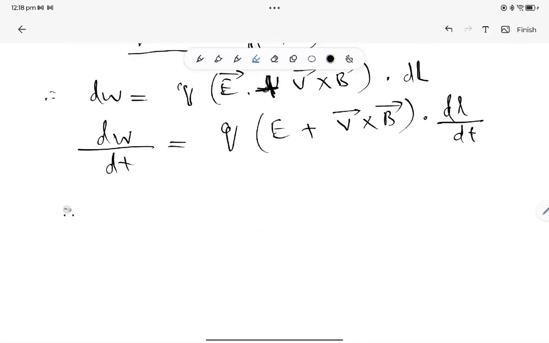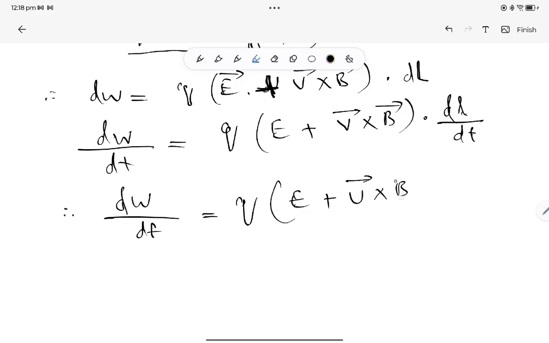Therefore we have dW by dt equal to Q into (E plus V cross B) dot V, since dl by dt is velocity, the displacement per unit time.